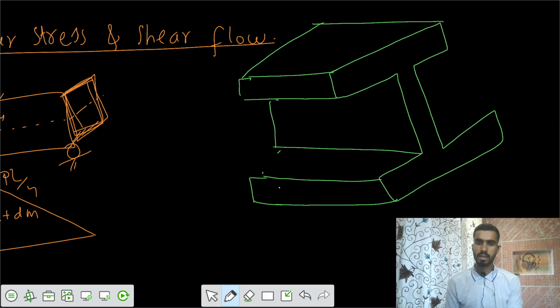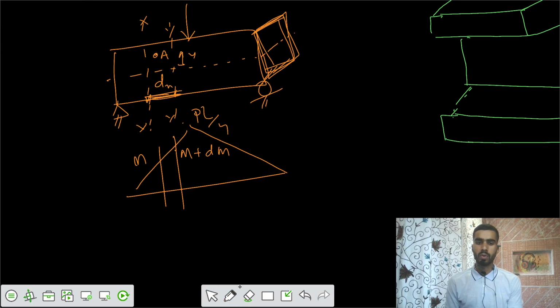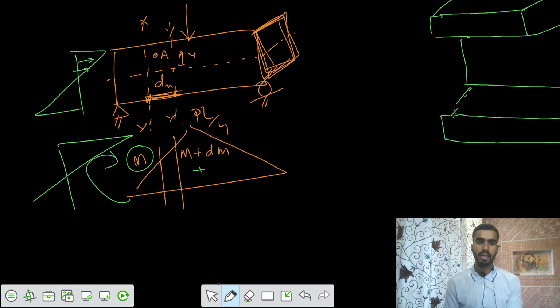Because of the M moment we had a sagging, positive bending moment. Because of that we had top compressive, bottom tensile. So from this side we had some compressive stresses, which we call fx, on that point A.